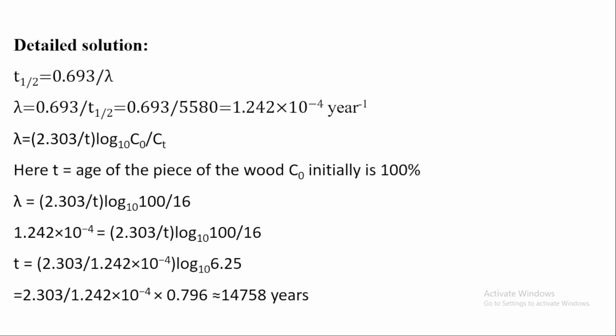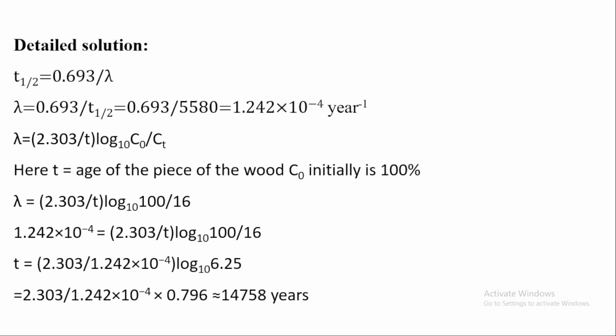If it was ln, that is natural log, it would have been 1 by t ln C0 by Ct or N0 by N. In this case they have multiplied it by 2.303. So 2.303 divided by t log base 10 of C0 by Ct or N0 by N, whatever you write.